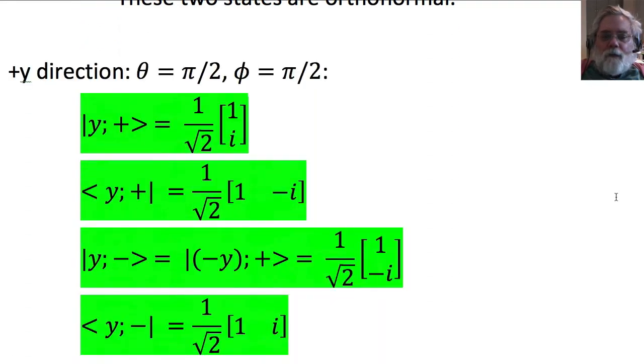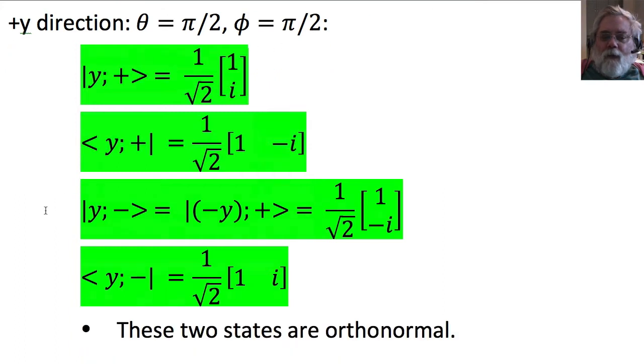Now the y direction also has polar angle pi over 2, but it has azimuthal angle pi over 2, not 0 as it was for x. We can just go to our formula for general n and substitute in, and we get that ket y plus is 1 over square root of 2 column vector 1, i, bra form 1 over square root of 2 row vector 1, minus i.